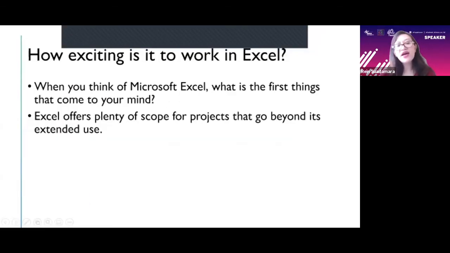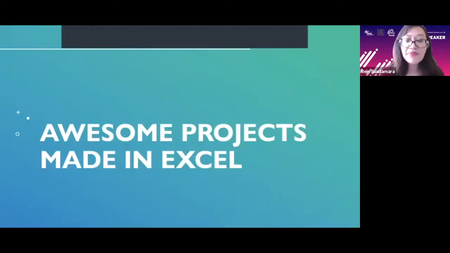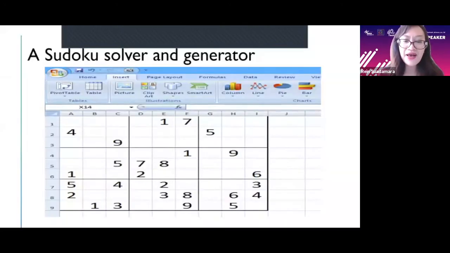All of the keywords that you mentioned just now are very right. It offers plenty of scope for projects that go beyond its extended use. There are also awesome projects in Microsoft Excel. As I mentioned on the first screen, you can make that type of drawing using Excel. Somebody has made a Sudoku solver and generator using Excel.